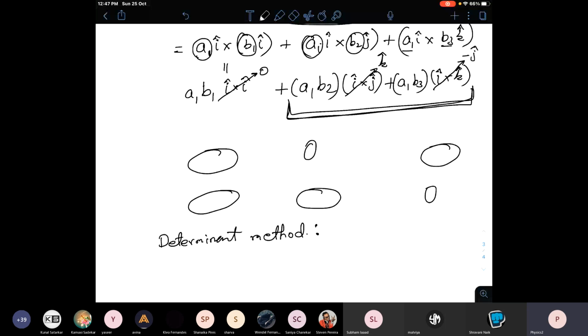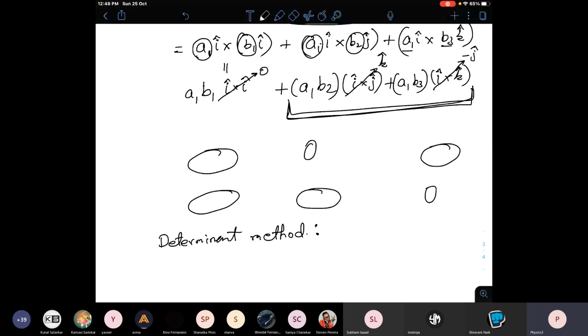Determinant is a mathematical tool used by computers to store stuff. If you study computer languages, they store data in the form of matrices. So matrix is a way to store data.